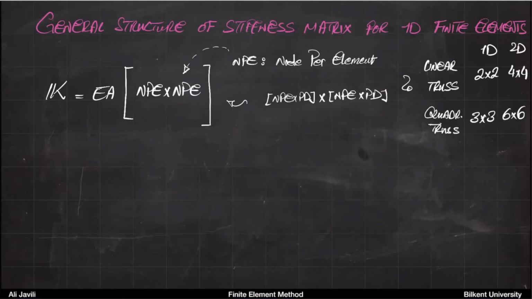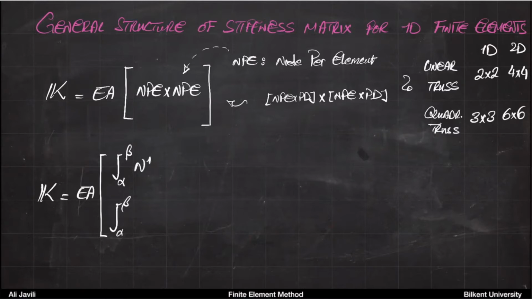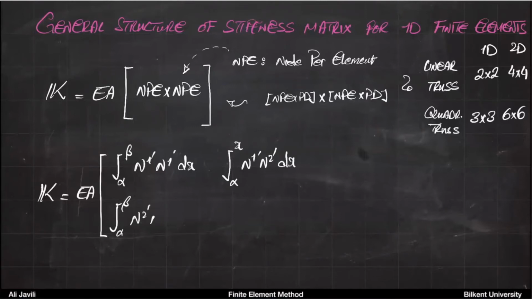Now, if you look at that matrix for, let's say, a 1D linear truss, also you remember from what we just showed, it's going to look like this: integral from alpha to beta. The first component would be n1 prime n1 prime dx. The second component would be n1 prime n2 prime dx. This would be n2 prime n1 prime dx.